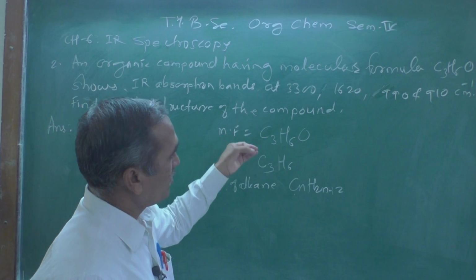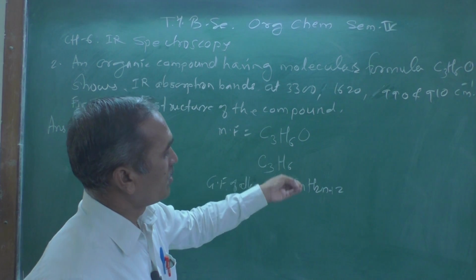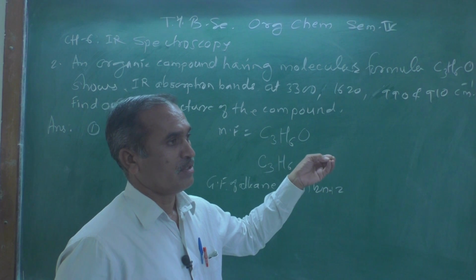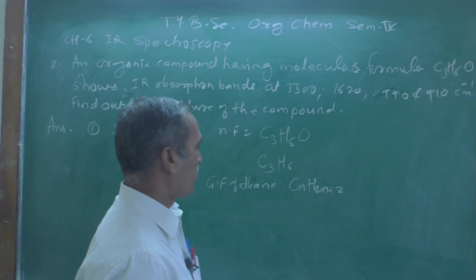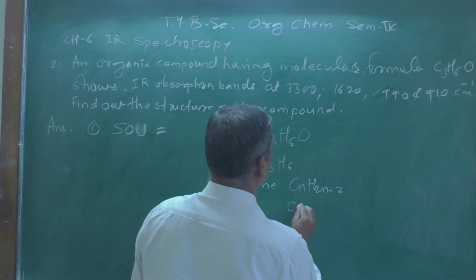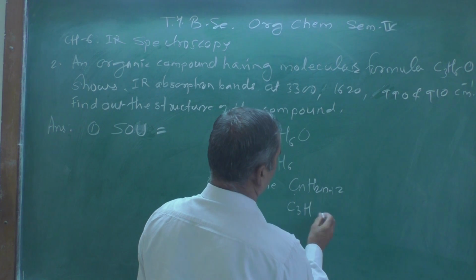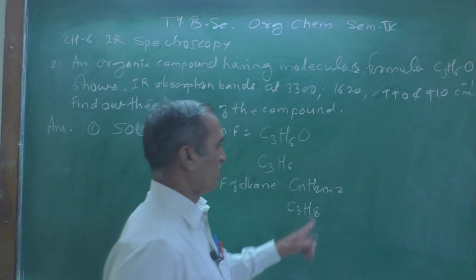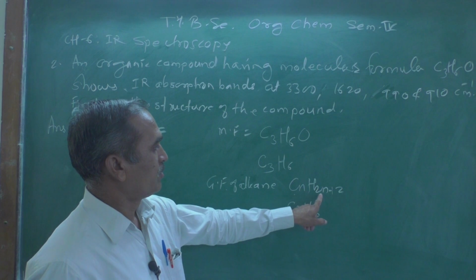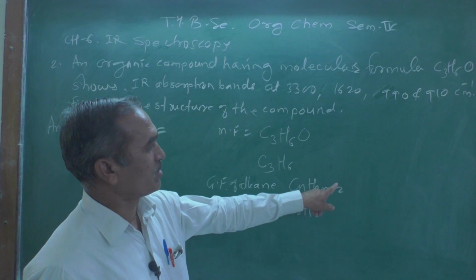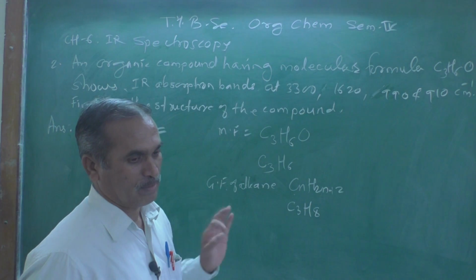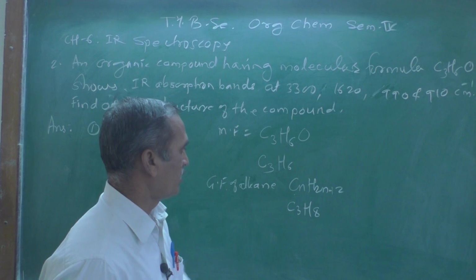So put that value 3 in the given formula. The formula becomes C3H8, right? 2 into 3 is 6, plus 2, 8. The total becomes 8, right?